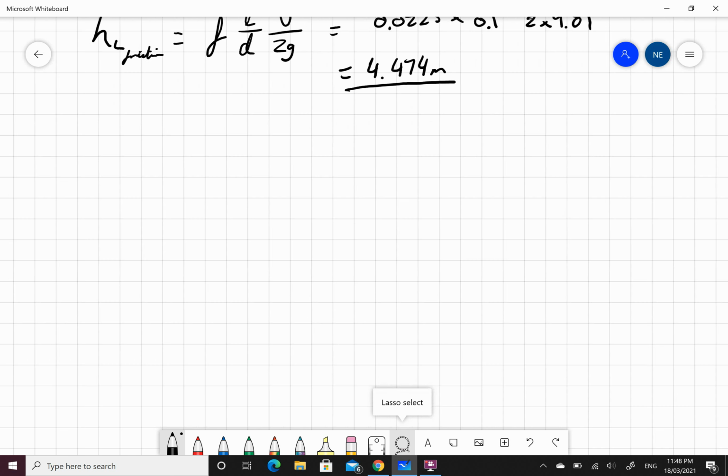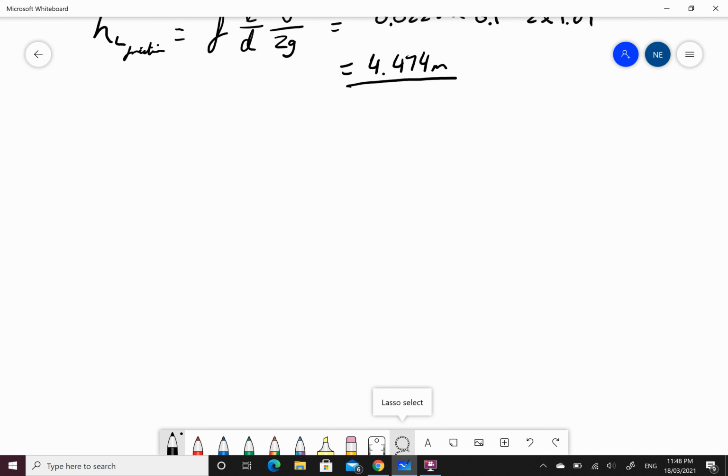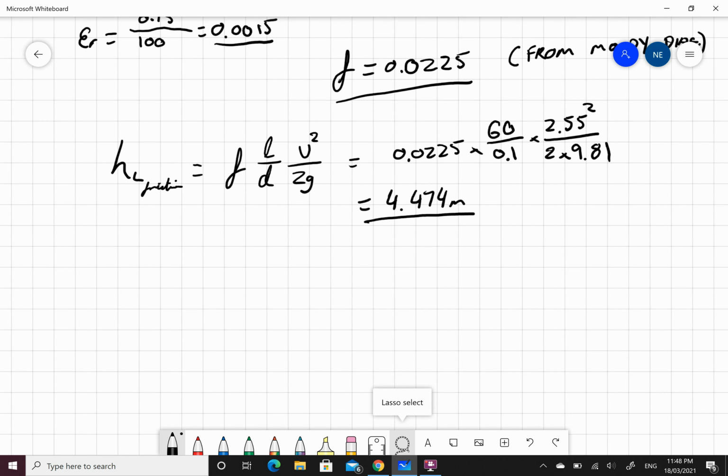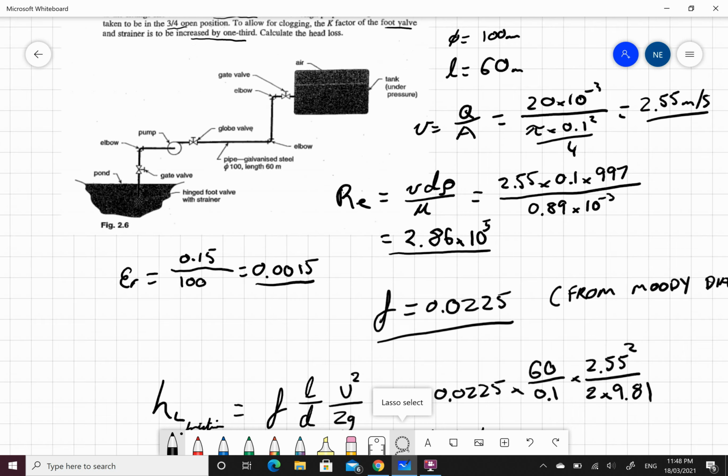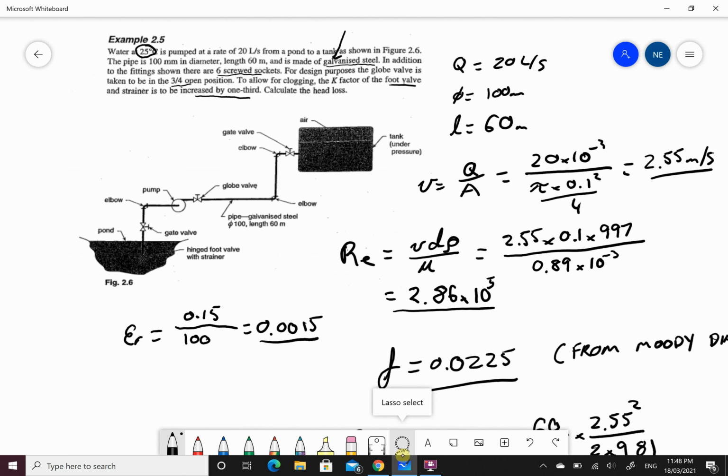Now, let's go work out our fittings. Going by the question and what we are told, I have 6 screwed sockets. I have 1, 2, 3 elbows. I can just count them because remember we're looking at the sum of K. Gate valve, a globe valve, a gate valve. So 2 gate valves, 1 globe valve, and a hinge foot valve.